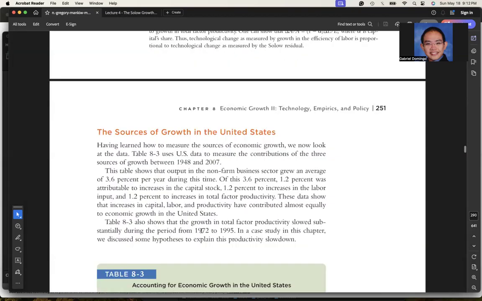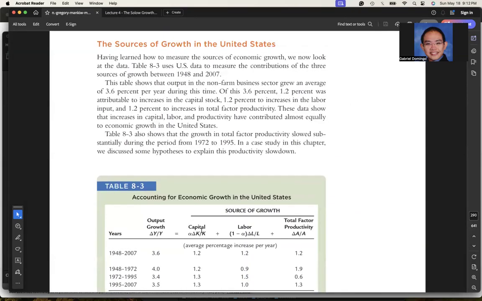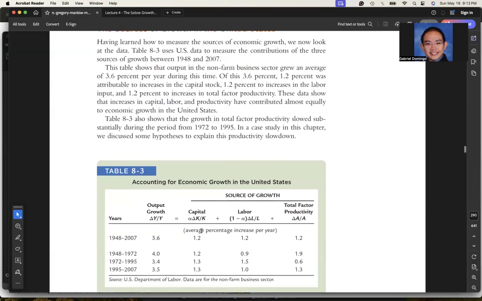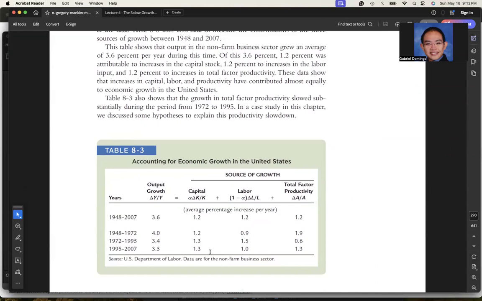Okay. And then the final part here is a note that you can actually use this theory to literally account for economic growth. In the United States, for instance, you're able to do this. In any country, actually, you're able to do this.